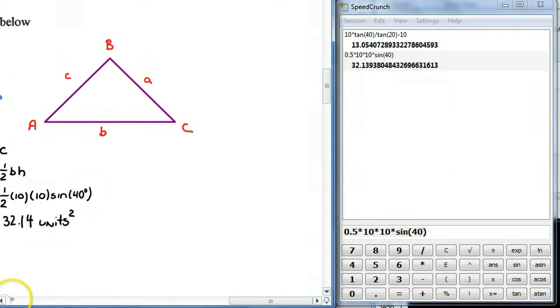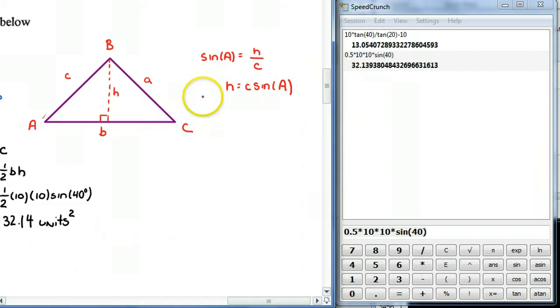So I'm going to assume the base is b. If I drop a perpendicular down like this, we need to find h. So we can calculate h because we know that sine of A is the opposite over the hypotenuse. So the opposite is h over the hypotenuse, which in this case would be the length c. So therefore, h is equal to c sine A.